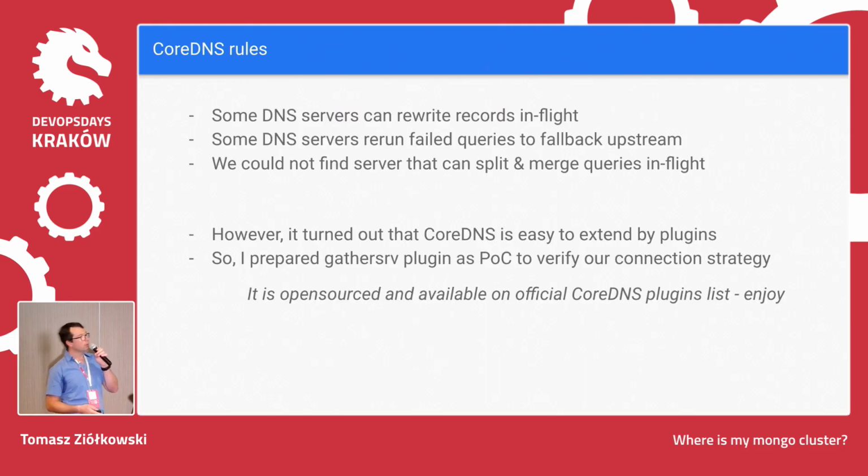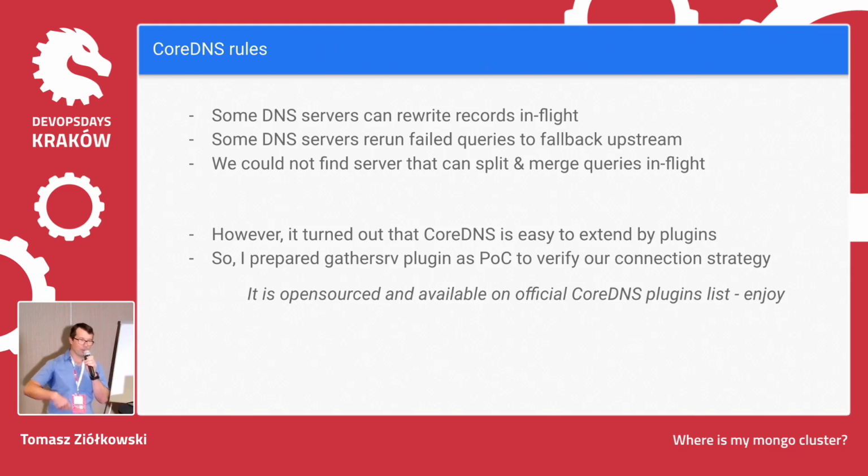And we would like to do something very similar when it comes to DNS records. However, a reverse proxy doesn't work well with DNS. So what can we do? We did some research, and we know that DNS servers can rewrite records in flight. We know that DNS servers can forward the query to different servers, even multiple.